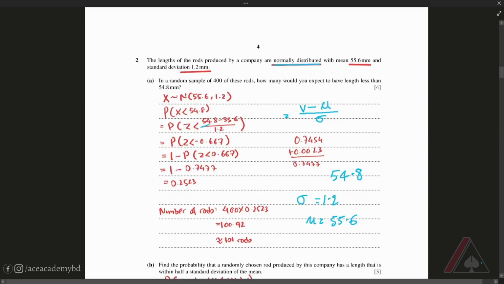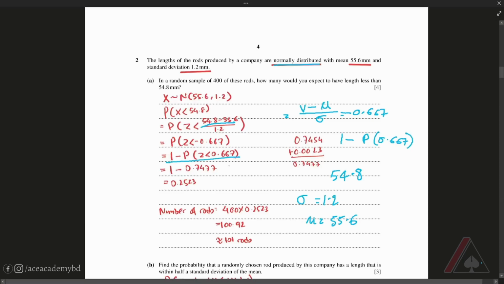Then we find the value of the probability in the normal distribution graph. So this gives us the result 0.667, or rather minus 0.667. So this minus converts it to 1 minus the probability of 0.667 because of the minus sign present.